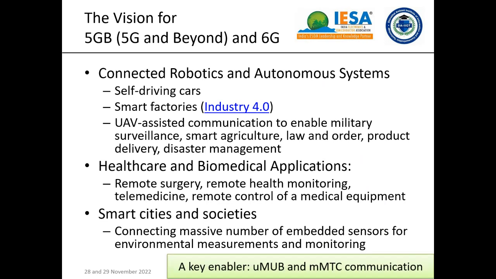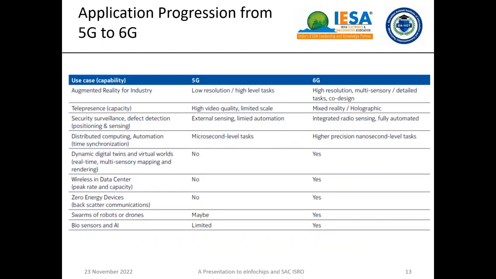Okay, so there the ultra wideband mobile communication and the MMTC communication aspects of that triangle, the ITU triangle that we looked at a few slides back, are going to bring about this type of technological revolutions.